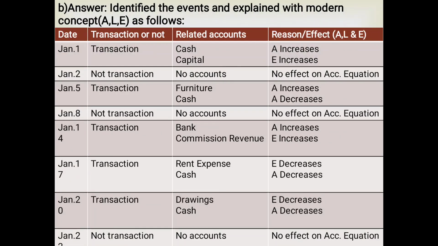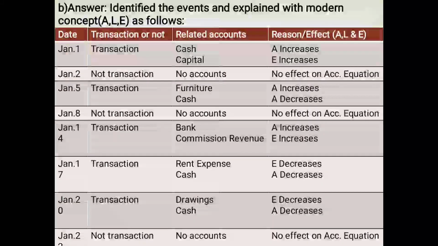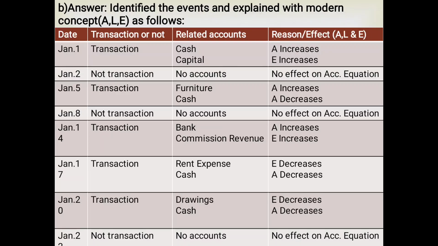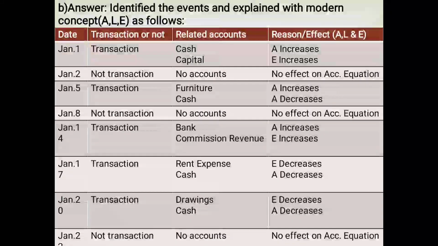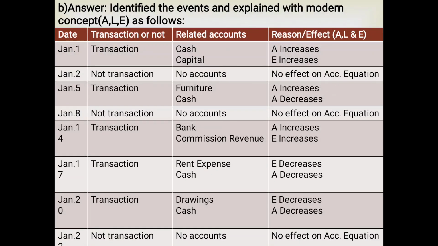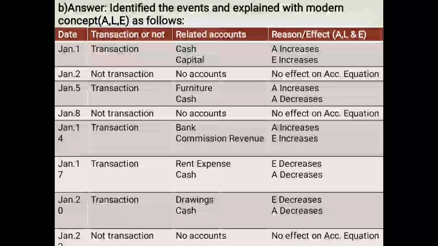Okay, now from the question we can get it. January 1. This is the transaction. In this transaction, two accounts are involved. The first one is cash and the second one is capital. Now reason and effect on accounting equation.